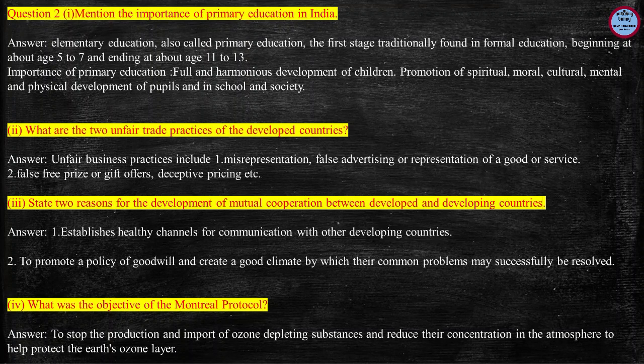Second is false free prize or gift offers, deceptive pricing, etc. Next question is, state 2 reasons for the development of mutual cooperation between developed and developing countries. The first reason is it establishes healthy channels for communication with other developing countries. The second reason is to promote a policy of goodwill and create a good climate by which their common problems may be successfully resolved.